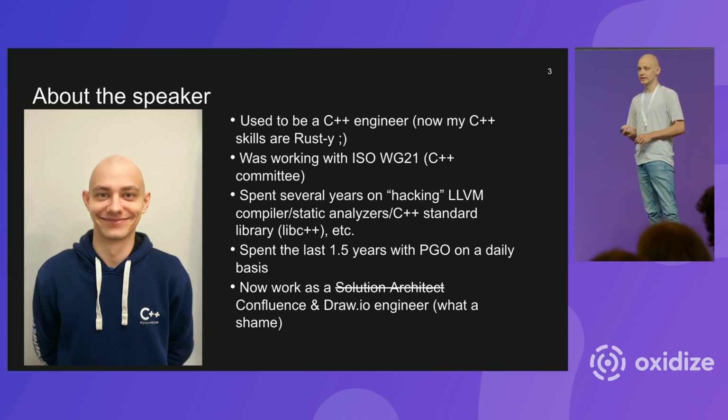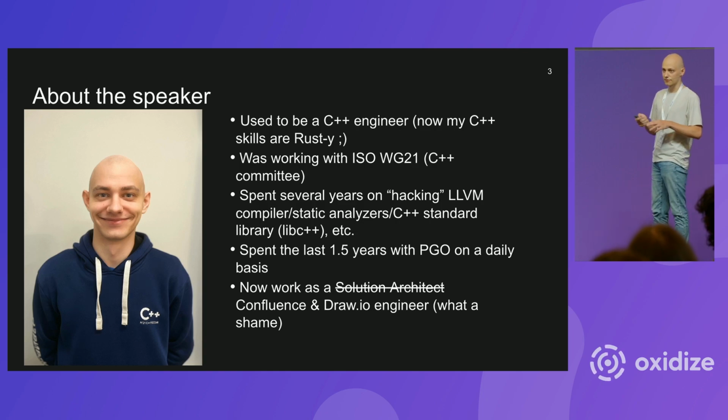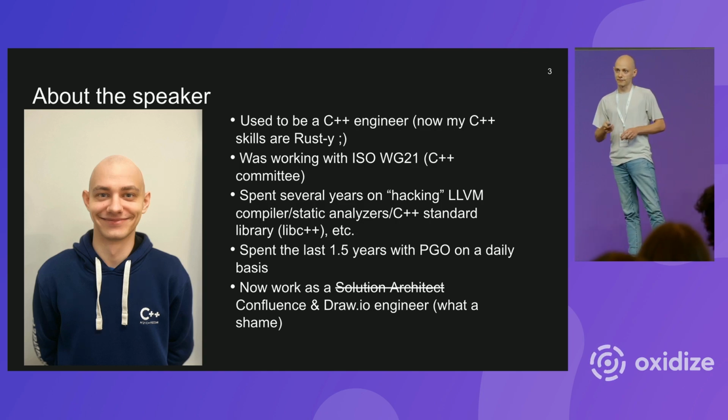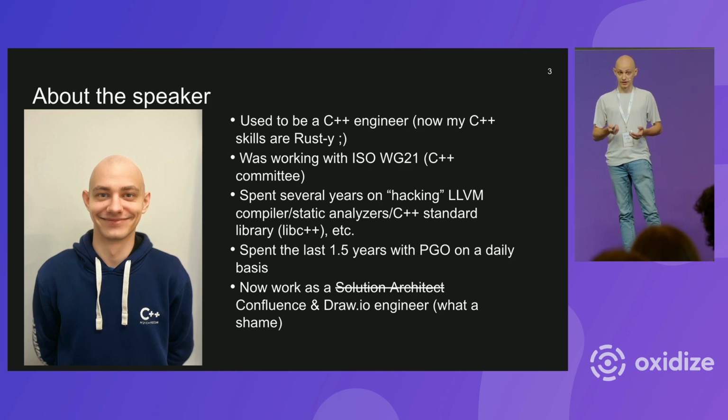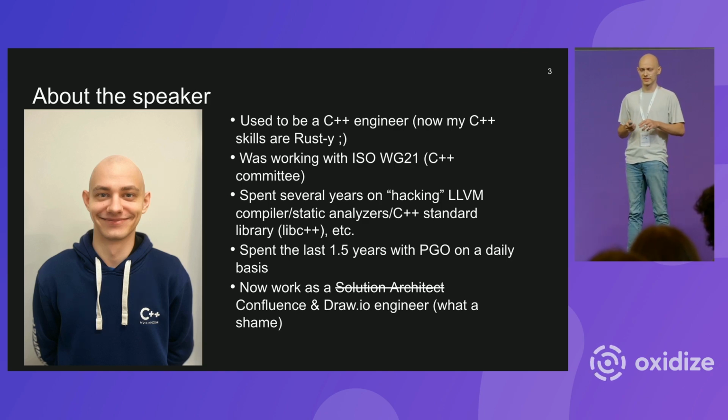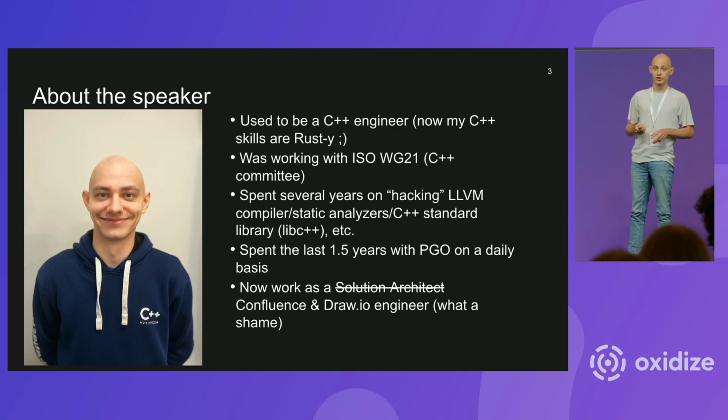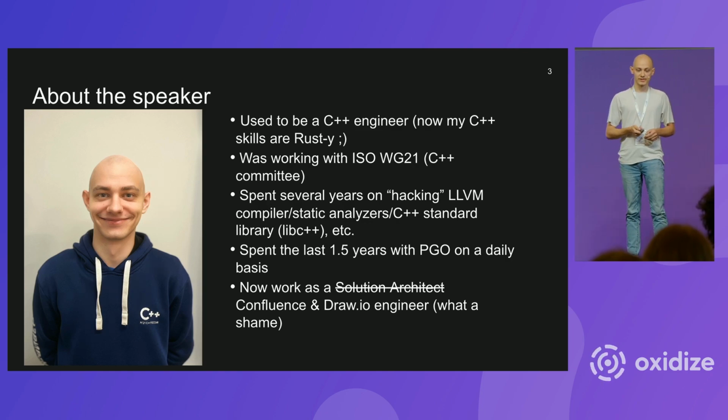I spent several years hacking LLVM from different perspectives. My field of interest is hardware-independent optimizations, which PGO is, and hacking different stuff like libc++, static analysis, and so on. Not professionally, just for lulz, but anyway, I know something.